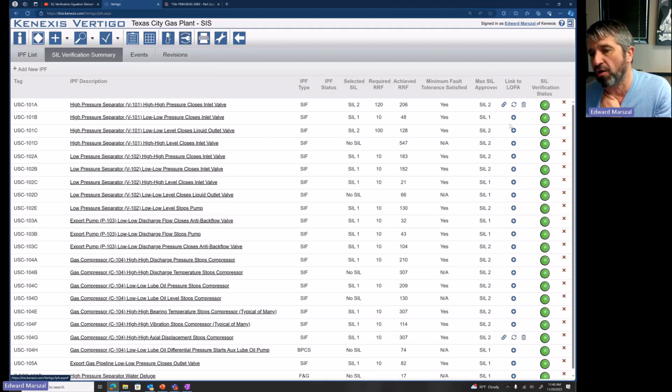I don't have all of them linked. I can press a button to add a link to an OpenPHA study, delete the connection, or synchronize the connection.